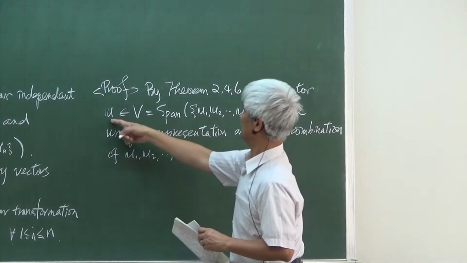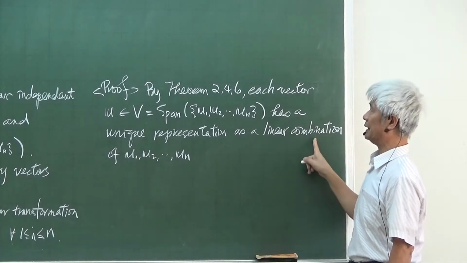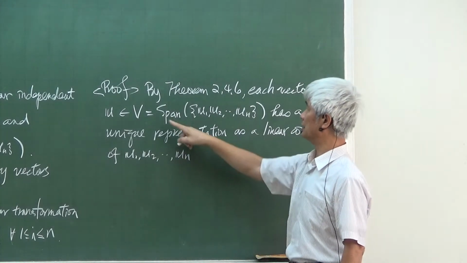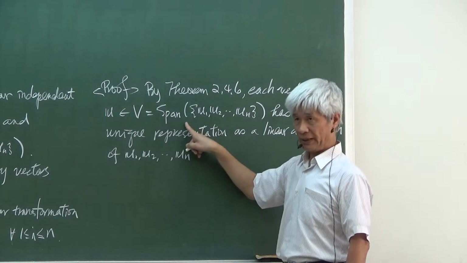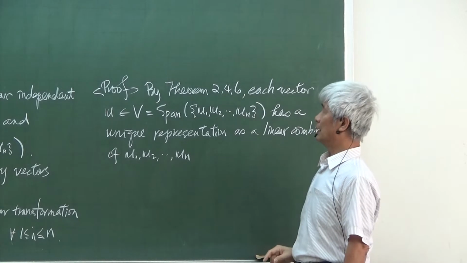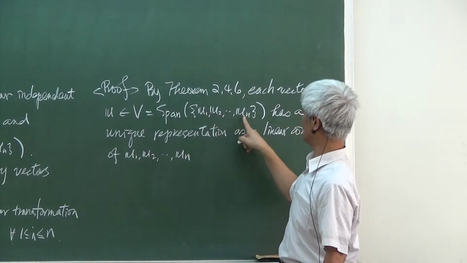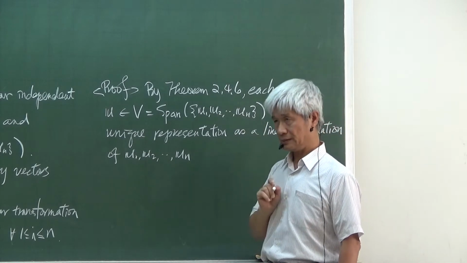Each vector in V can be represented as a linear combination of U1, U2 up to Un because V is the span. So each U is in its span. But this representation is unique because U1, U2 up to Un is a linearly independent set.